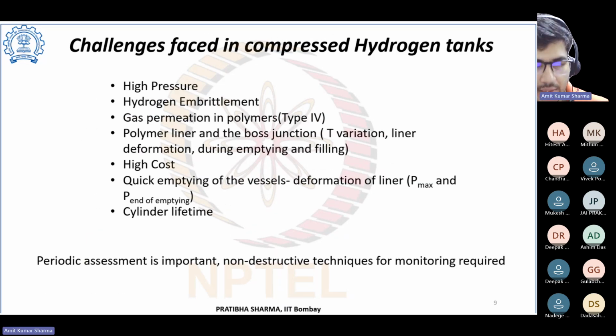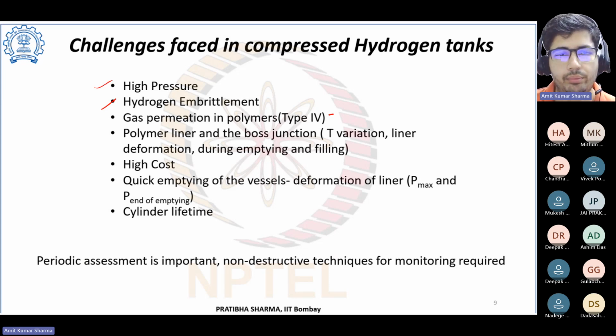So what are the major challenges in compressed hydrogen tanks? We can have the challenge of high pressure, hydrogen embrittlement, gas permeation in polymers, type 4 polymer liner and the boss junction, because temperature variation is there, liner deformation during emptying and filling.